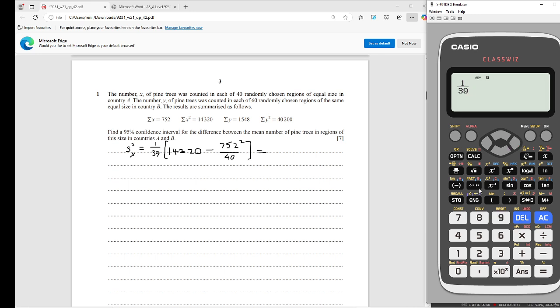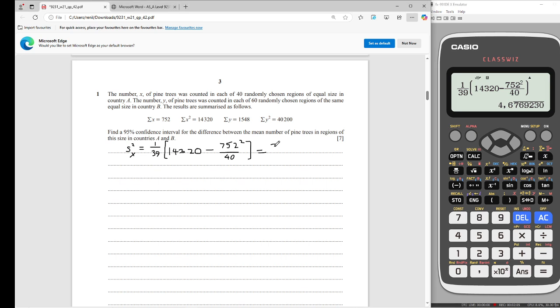Right, so the value we get is 304 over 65, or 4.67 and so on.